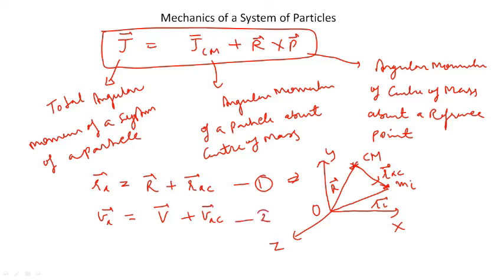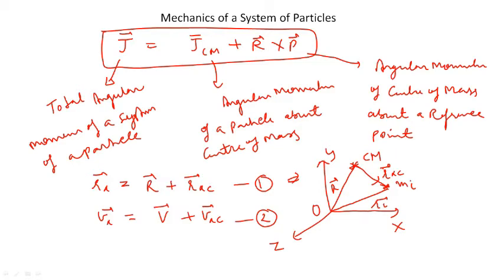Let us say it is equation number 2. Here V_i is the velocity of the i-th particle about the reference point, capital V is the velocity of the center of mass about the reference point, and V_iC is the velocity of the particle about the center of mass.